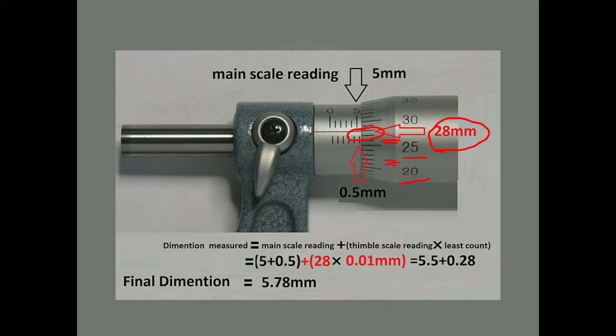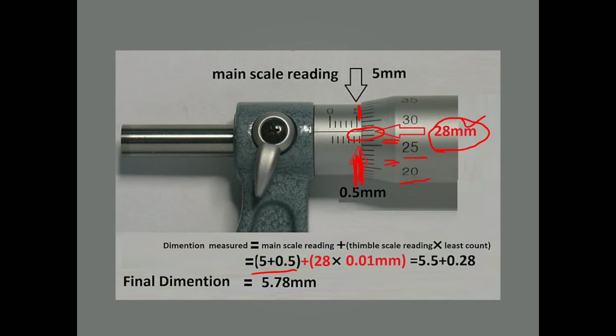So the formula becomes: main scale reading plus, in brackets, circular scale or thimble scale reading into least count. Earlier we saw the main scale reading is 5, so 5 plus 0.5, here you can see the 0.5, plus in brackets 28.